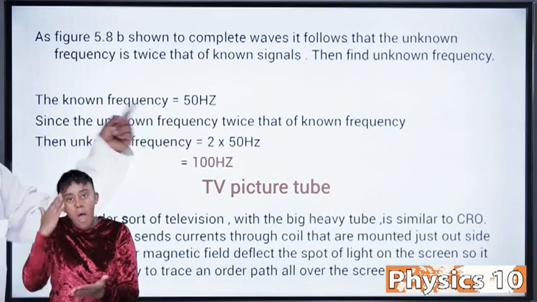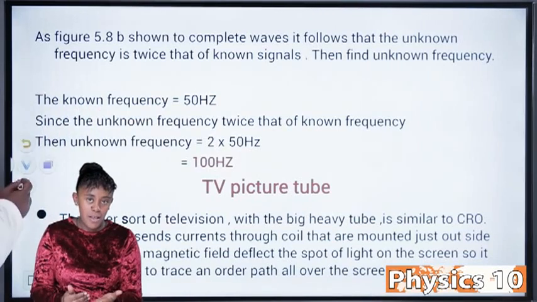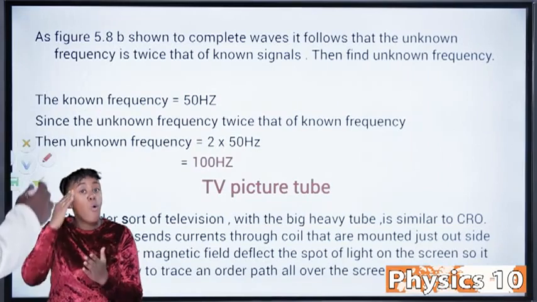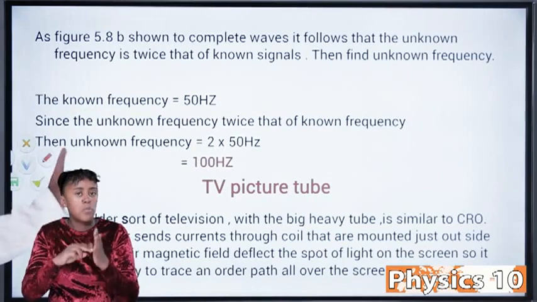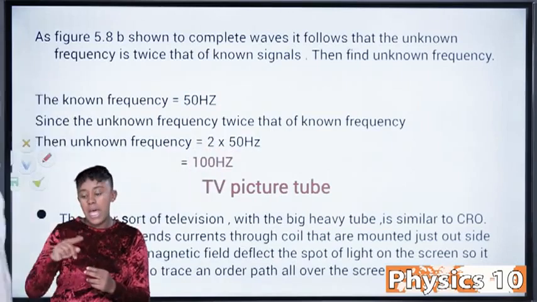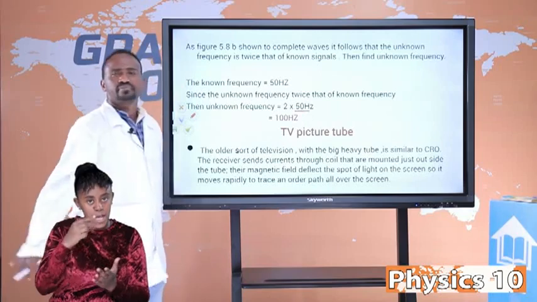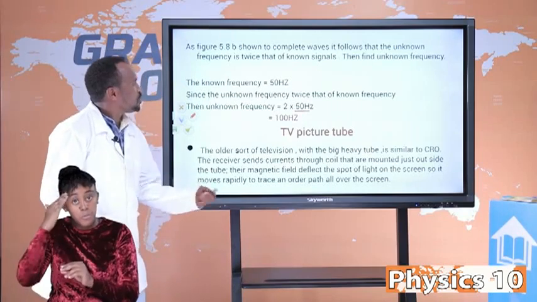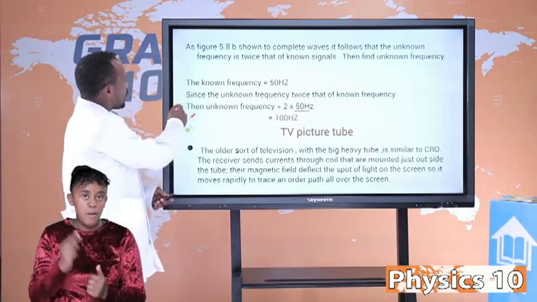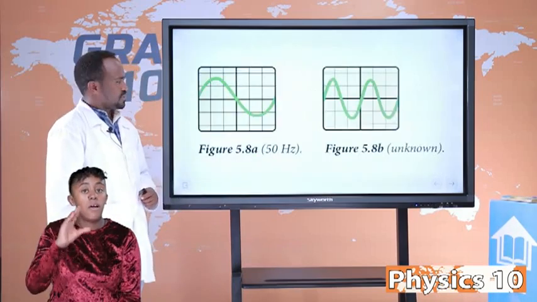So the unknown frequency is 2 times the known frequency, which means the unknown frequency is 2 times 50 hertz. Because 50 hertz is what? The known frequency. From this diagram, you can see that the known frequency is 50 hertz.